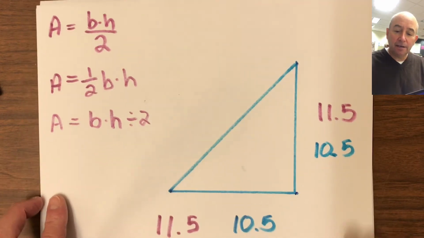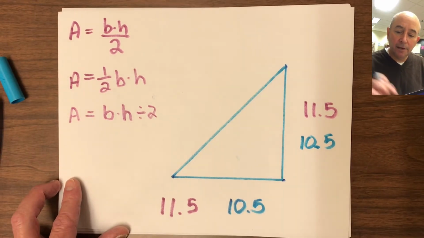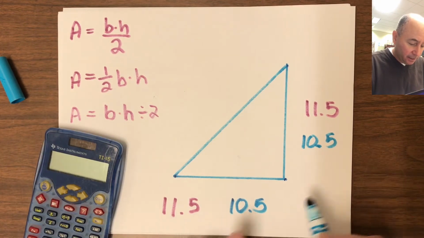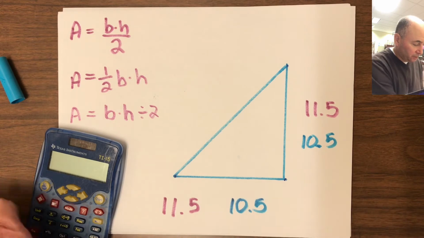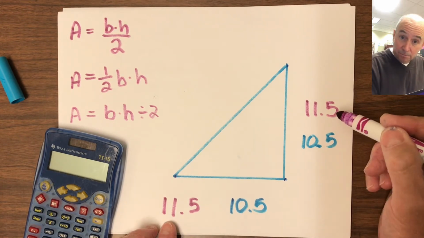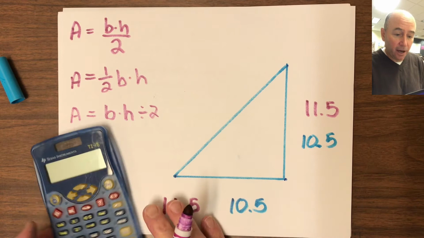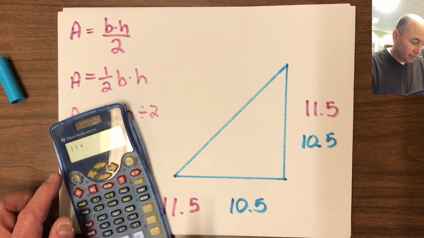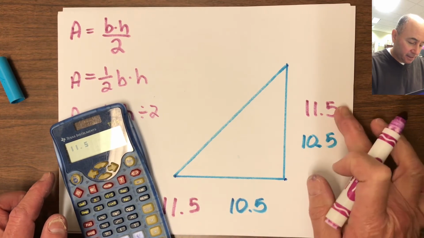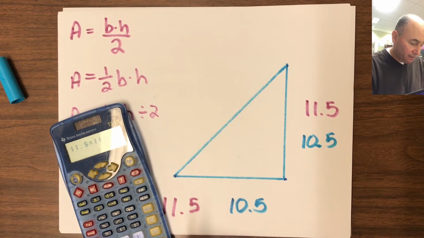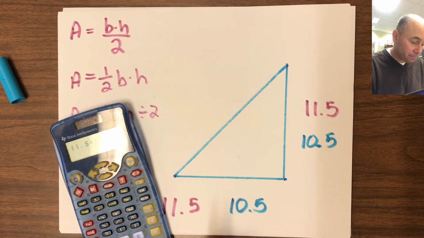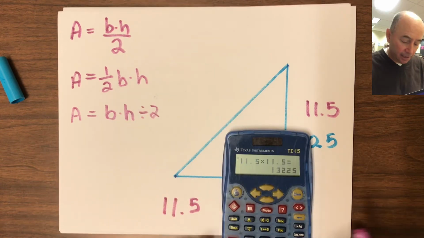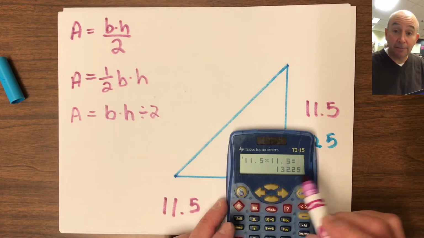Now I apply my formula and multiply the base times the height. Let's start with this first area. If I multiply 11 and 5/10 times 11 and 5/10, I get 132 and 25 hundredths.